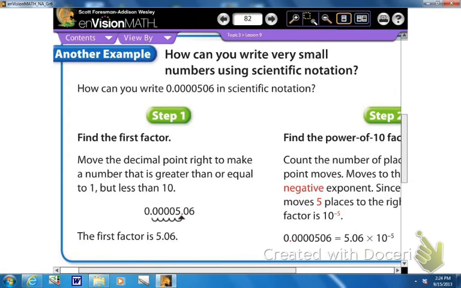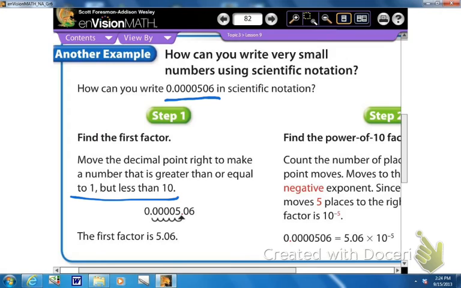Okay, so let's look at another example on page 82. How can you write very small numbers using scientific notation? So you don't have to write really big numbers like 27 million. You can also write a really small number like they show you right here in scientific notation. So again, the first step is finding the first factor, and that has to be that number between 1 and 10.